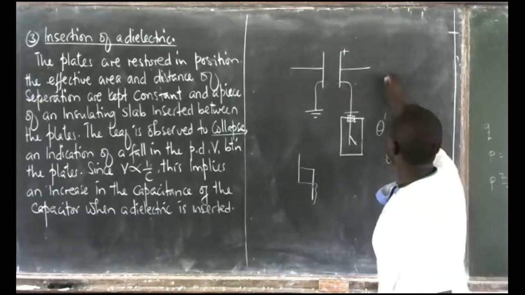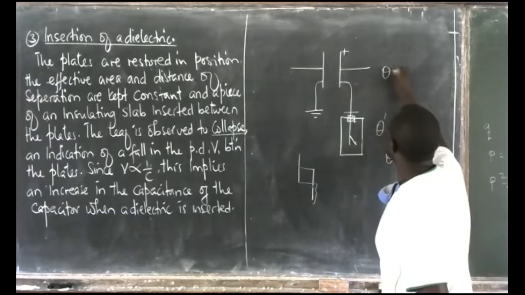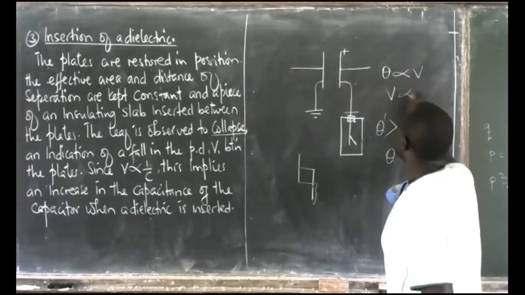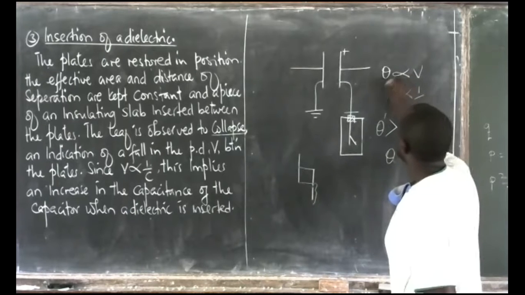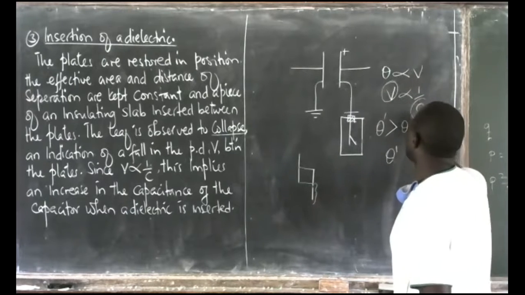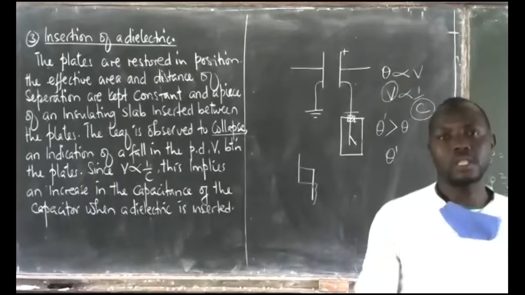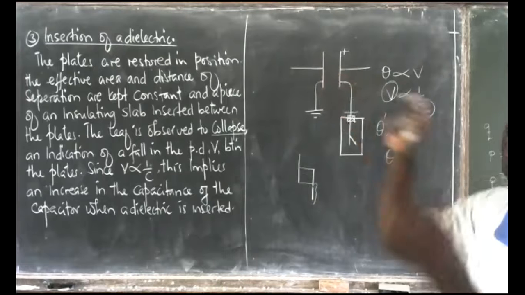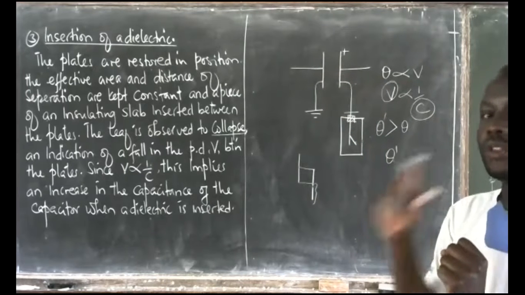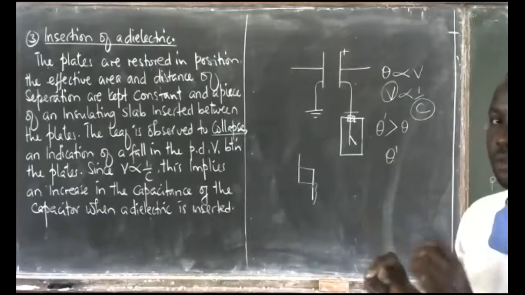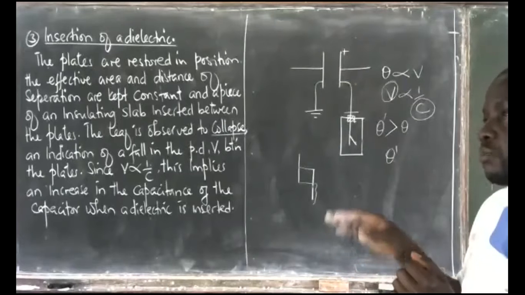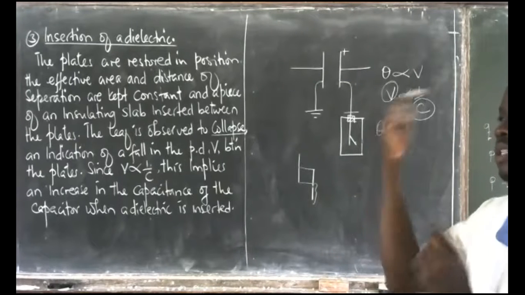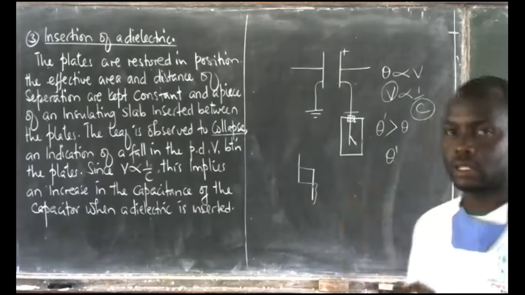Since the divergence is a measure of the PD, and the PD is inversely proportional to C, an increase in V implies a fall in the capacitance C. So when we reduce the effective area, the leaf diverges more, which means an increase in the PD, which implies a fall in the capacitance.